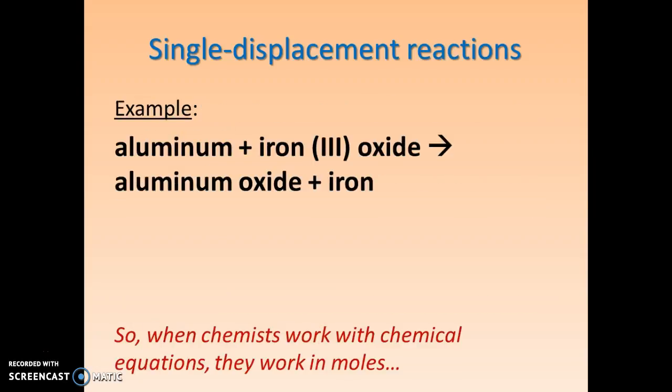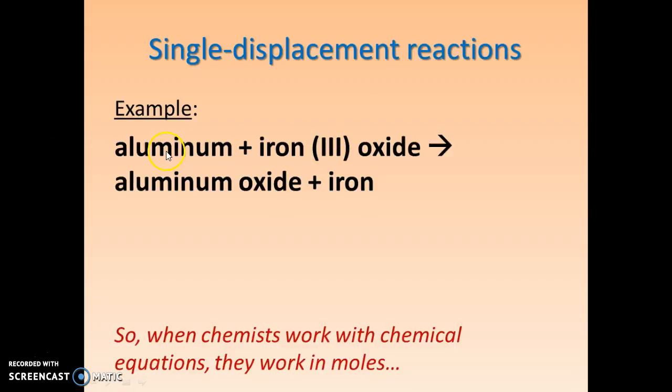An example here was this. You've got aluminum and iron oxide forming aluminum oxide and iron. So notice that X in this case is oxide. It's the oxygen. The oxygen is actually switching from iron to aluminum. So if you see that happening where you've got one thing switching from one thing to another thing, think single displacement, because you'll notice that the other reactant and other product are just staying one thing.